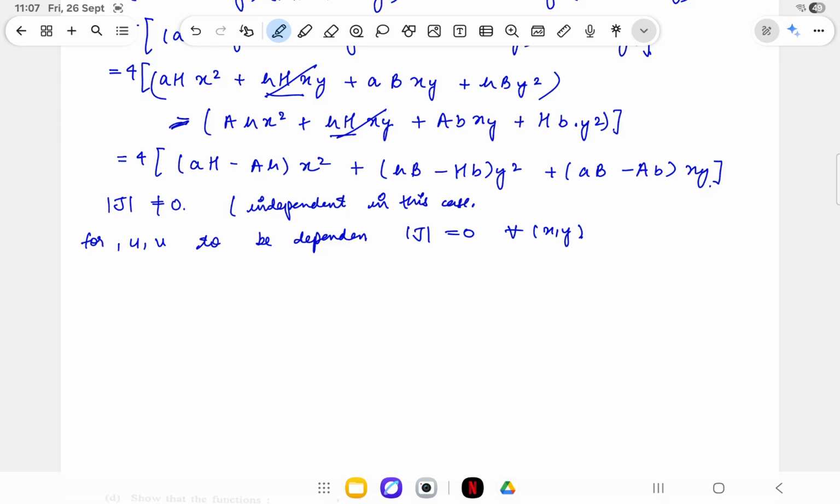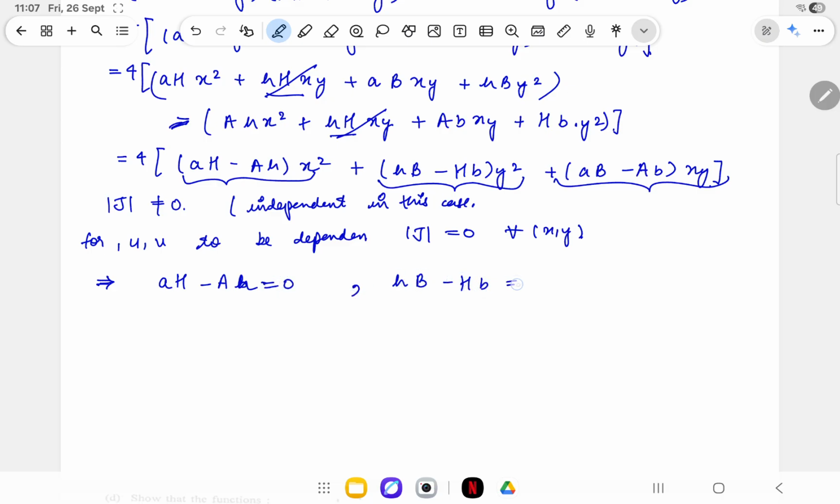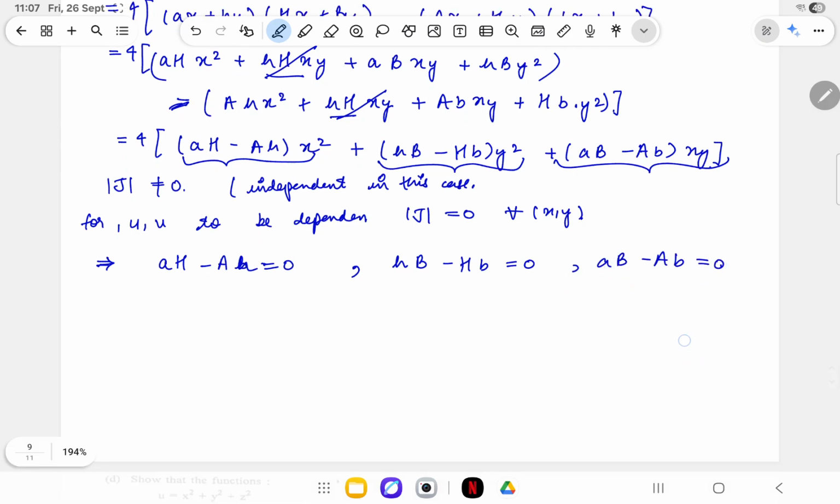So for that to hold for all x, y, this term must be equal to 0, this must be equal to 0, and this must be equal to 0. So let's just equate them with 0 independently and see what we get. So if I do so, h capital B minus capital H b equals 0 and a capital B minus capital A b equals 0.